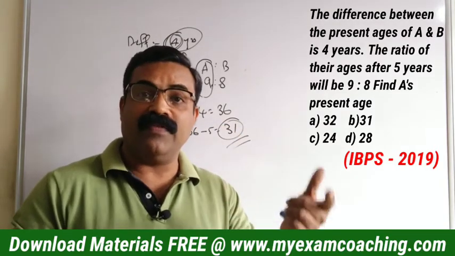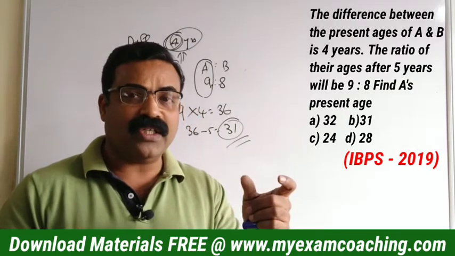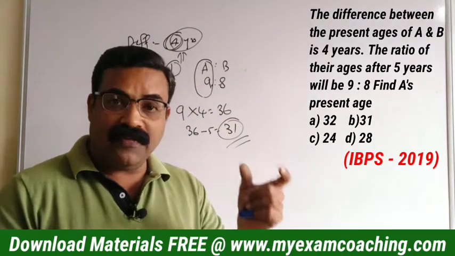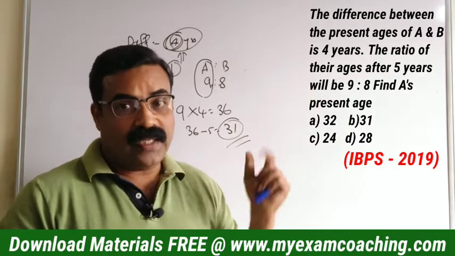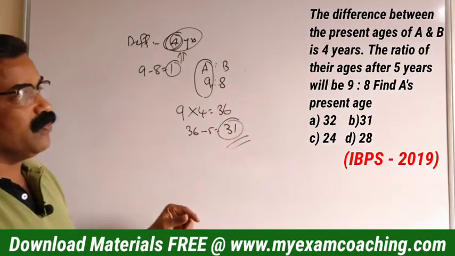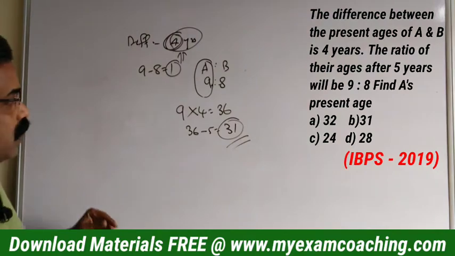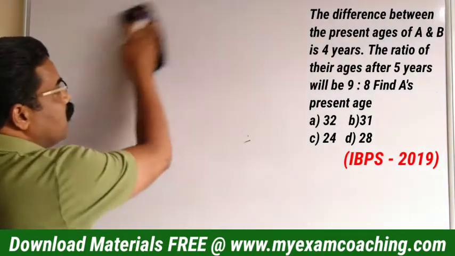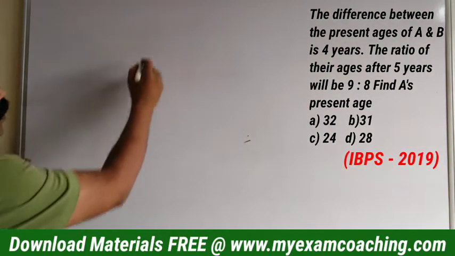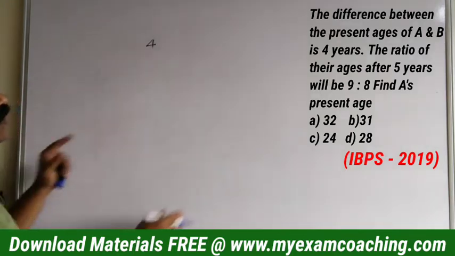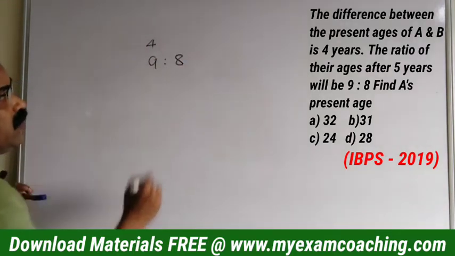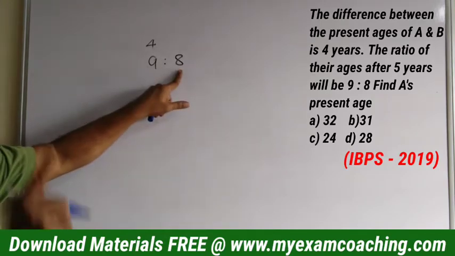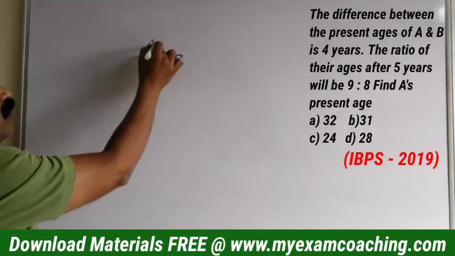The option verification method is nothing but verifying the given options against the question. So many options are given to you. Here we know 1 part is equal to 4, because the difference given is 4 and the ratio given is 9:8. So 9 minus 8 is 1 part. That 1 part will be equal to 4.